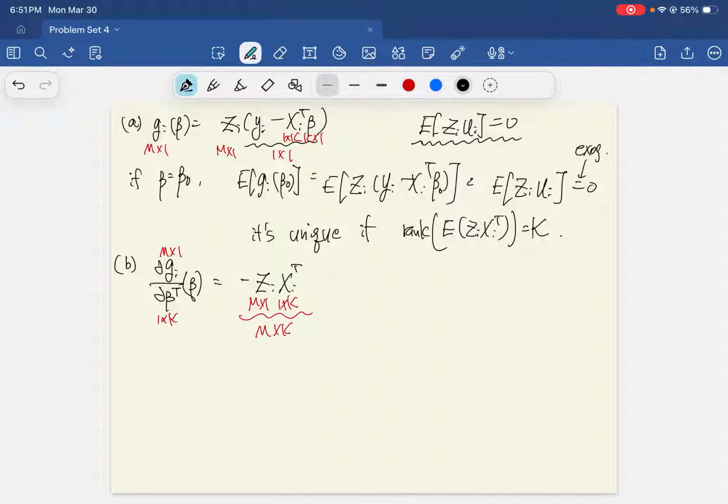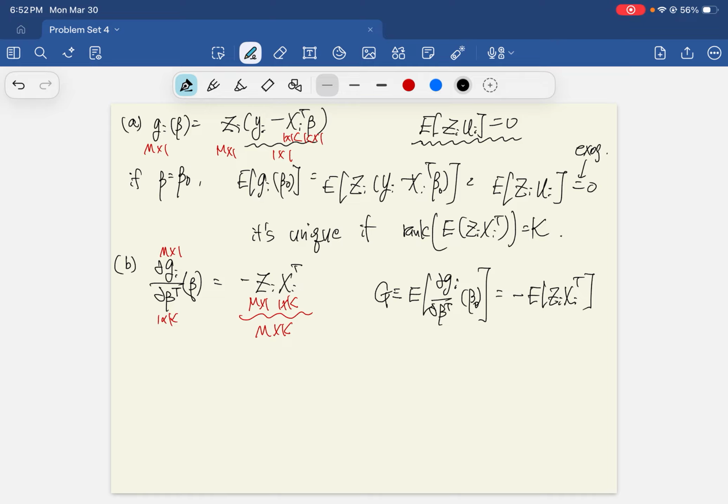Okay, that's pretty simple. If you define capital G as the expectation of the derivative, it does not depend on beta, but using the notation, it is minus the expectation of z_i x_i transpose. Later, the minus sign will go away, so it doesn't matter.